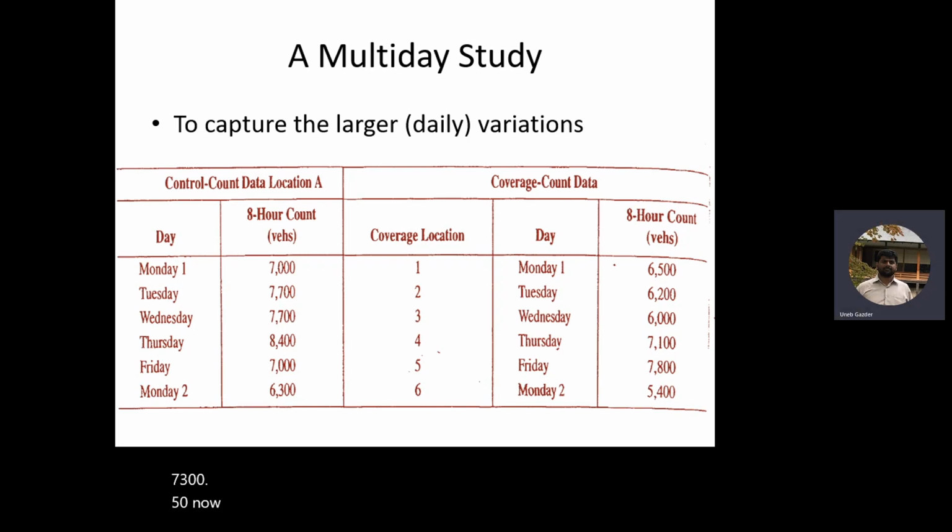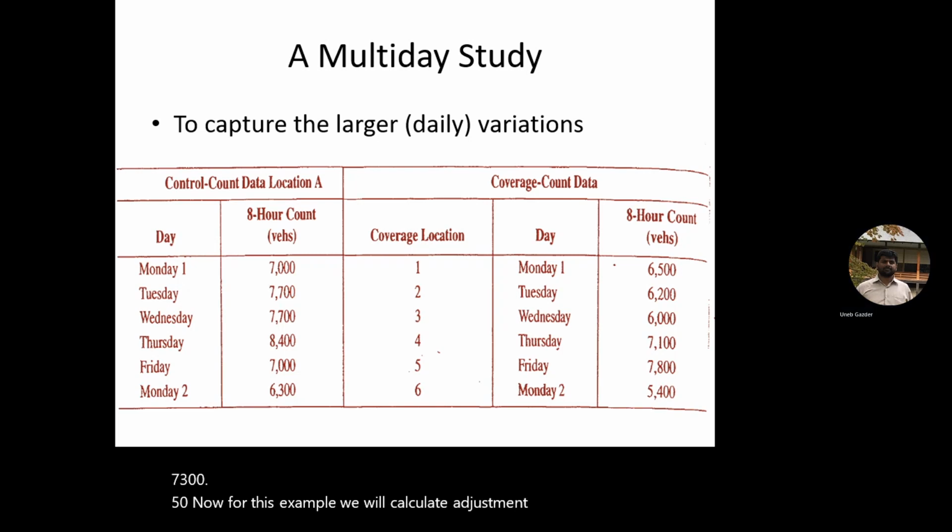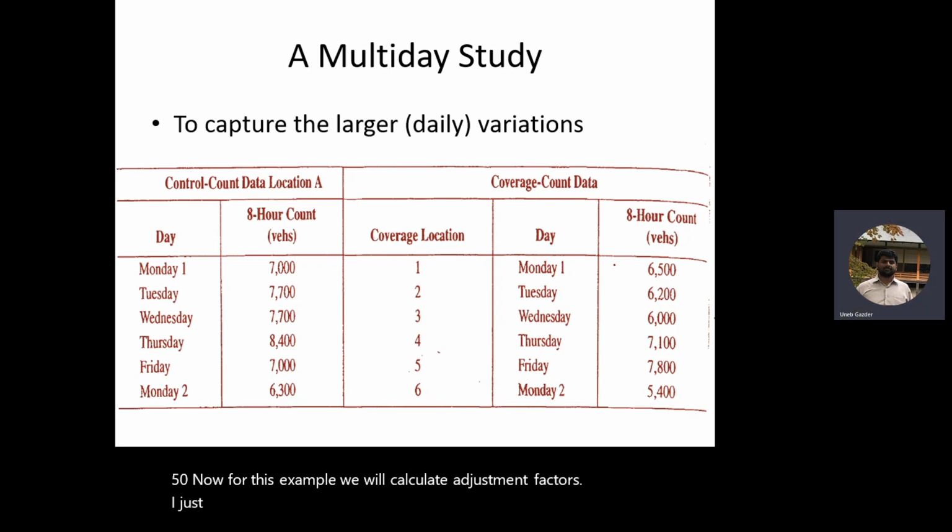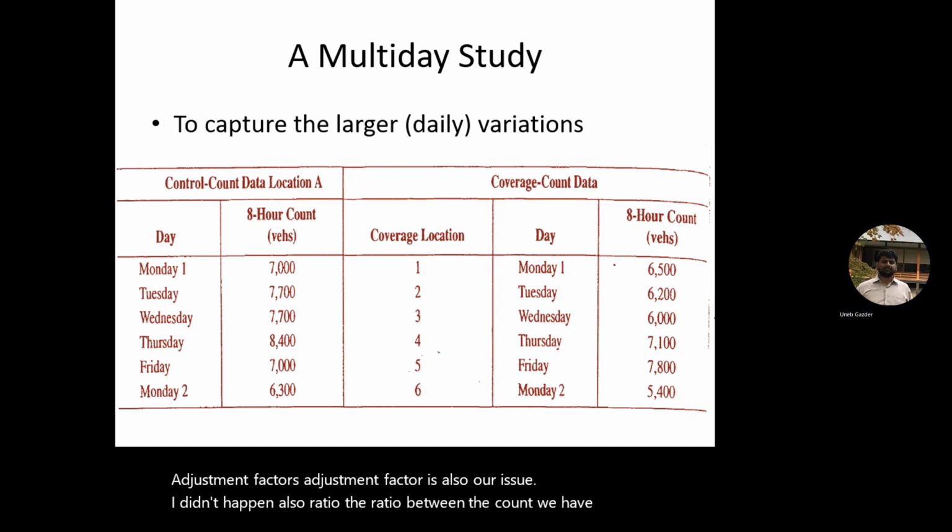Now, for this example, we will calculate adjustment factors. Adjustment factor is also a ratio. The ratio between the count we have and the average.